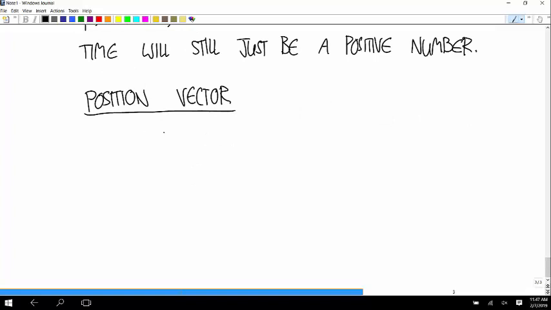If you're tracking an object, like this baseball, and you have a coordinate system like this, the position vector is the vector that goes from the origin of the coordinate system to the center of mass of the object. So that red is the position vector.